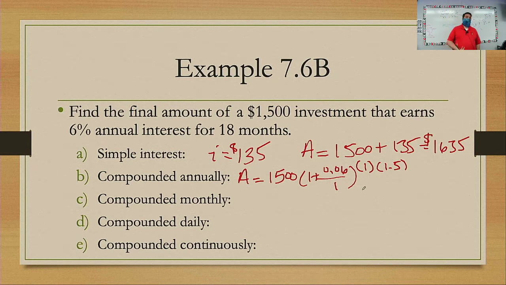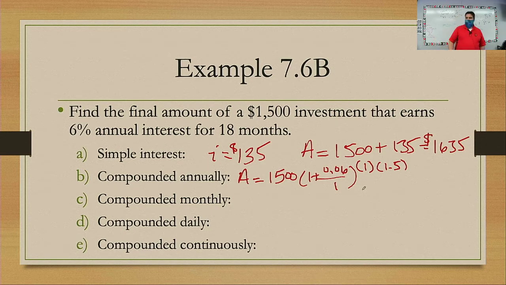Well, if it's compounded annually, it's only going to get 1. You can't plug in a 1.5 to this. To the nth power times t. So it's 1 times 1.5 years. Okay? Keep in mind, time always has to be in years with interest, no months.